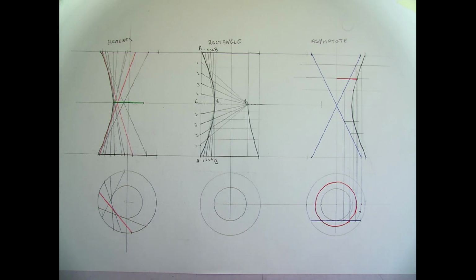And the final method is the asymptote method, which is again using two elements, except these are special elements as they're appearing as true length lines in the elevation, and then we're going to take horizontal cut sections through each point. So if we take a horizontal cut section through each of these, it ends up as a circle, and then we locate them up in the elevation.